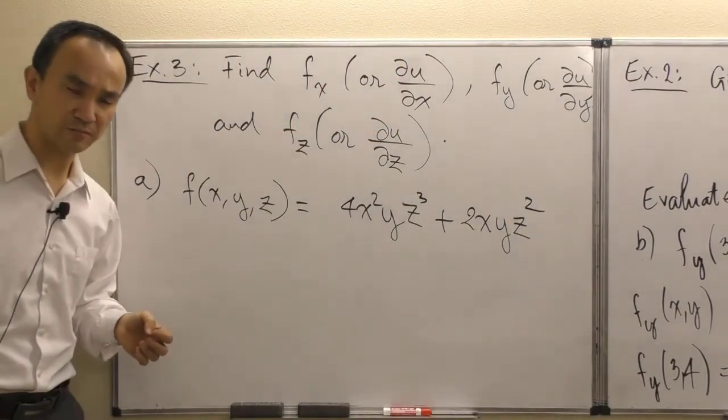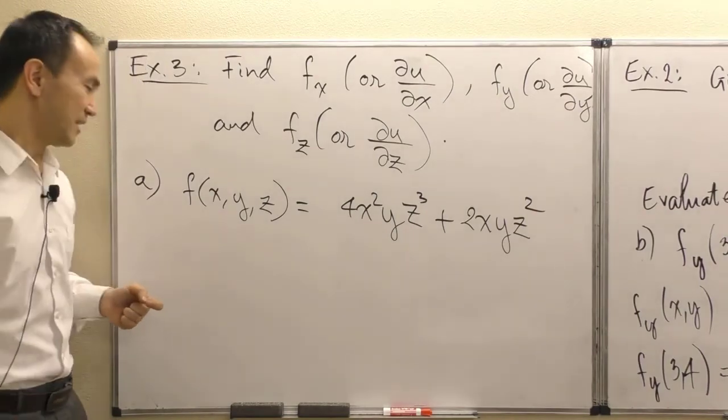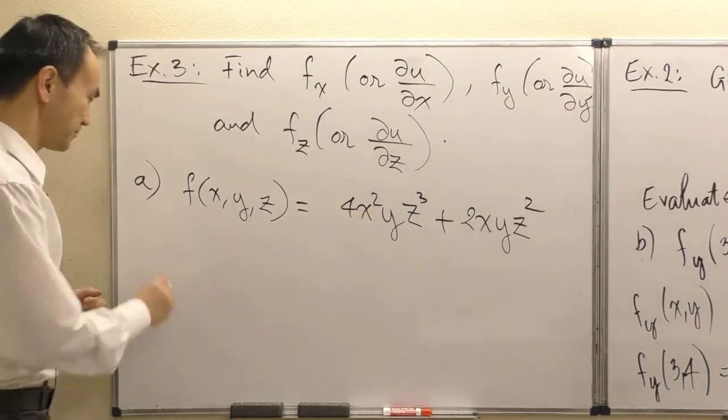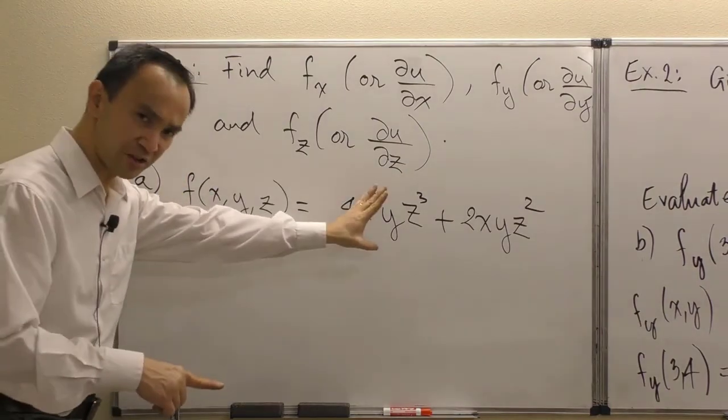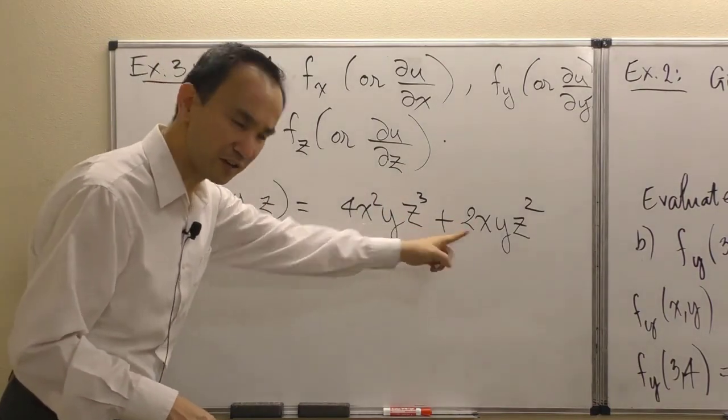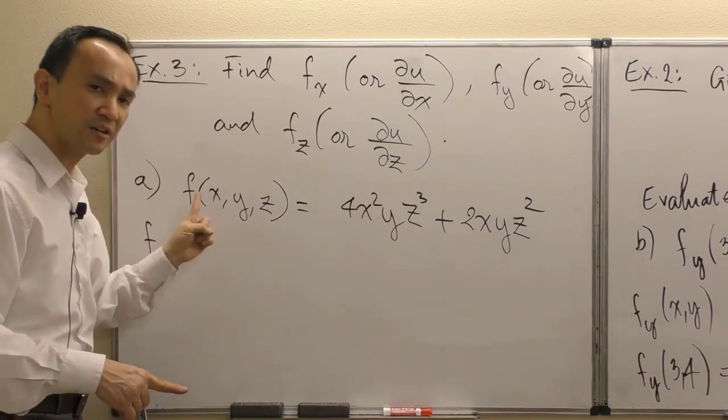Okay, something like that. With this function, as I said earlier, the function is of three variables, and the function is written in functional notation.